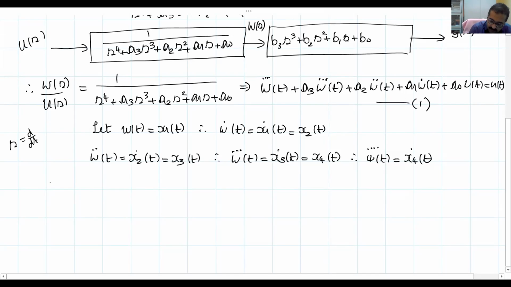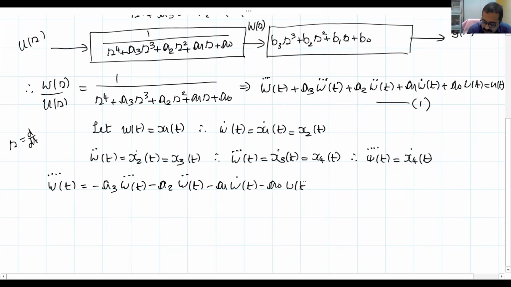W fourth derivative t will be equal to minus a3 w triple dot t minus a2 w double dot t minus a1 w dot t minus a0 w of t.